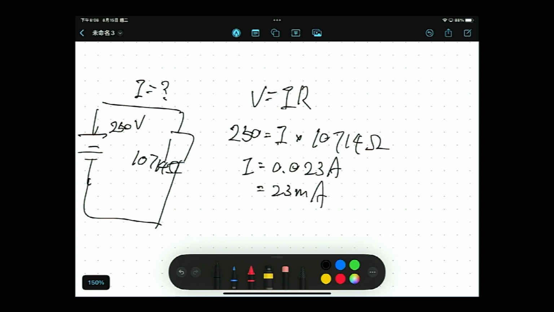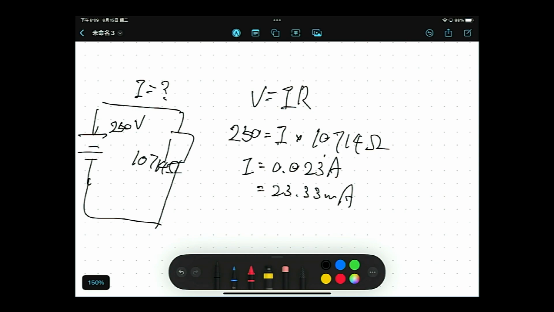I calculated it yesterday, so I still remember this. It should be around 23 milliamp. So this is how you calculate this kind of circuit. This kind of circuit is already the most difficult part in your resistance calculation.